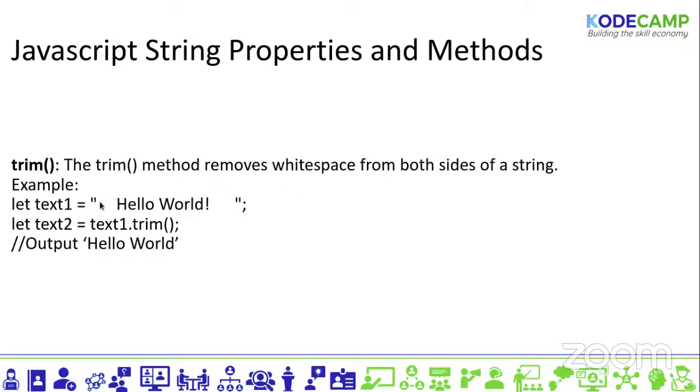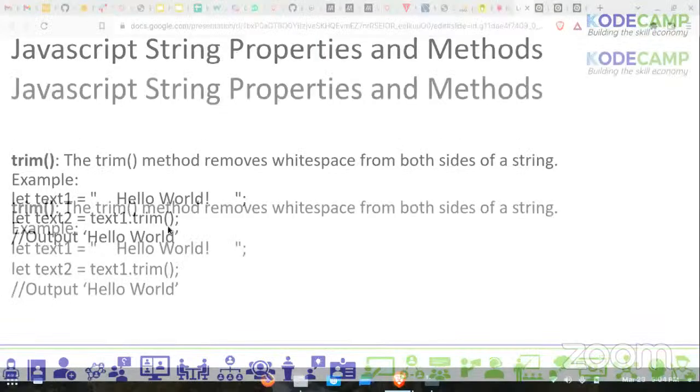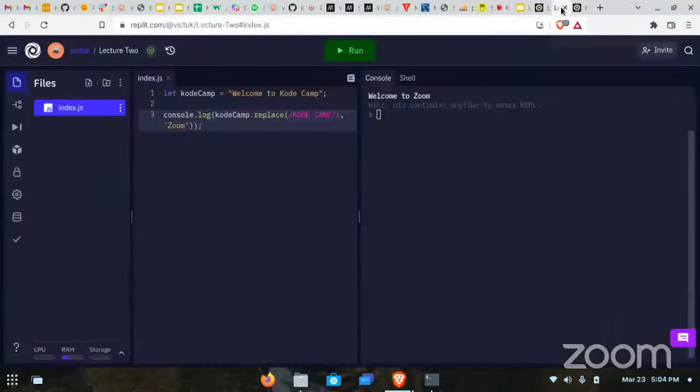If you want to remove those white spaces, you use the trim method. And you see the trim method doesn't take in any argument.